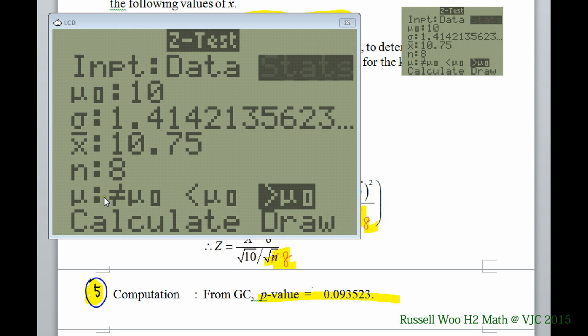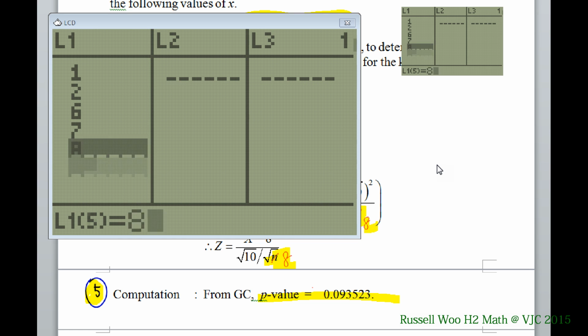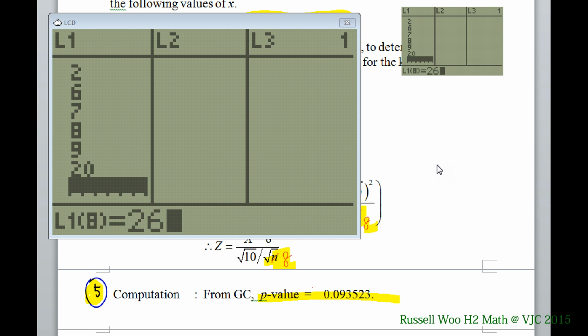if there are too many values, what you can do is you could have entered all these values 1, 2, 6, 7, 8, 9, 20, 26.